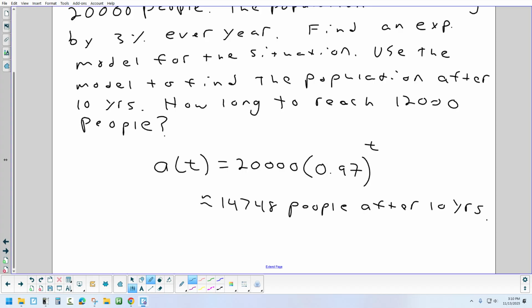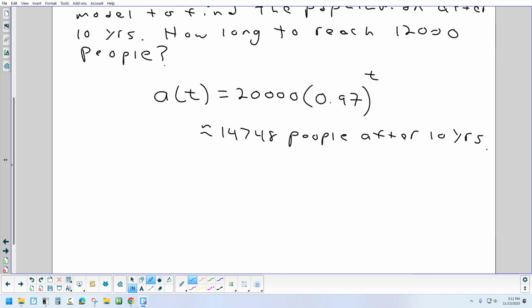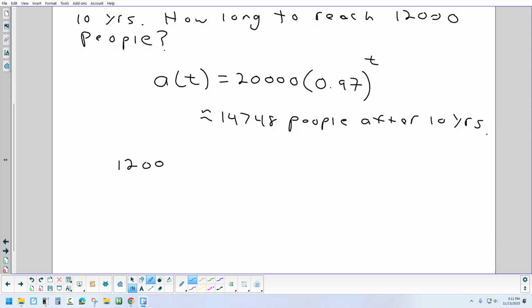Where's the 12,000 going to get plugged in? For A of t, yeah, it's an amount of people. So we're going to fill that in on the other side, which means your variable is in the exponent. So we have to start thinking how we're going to deal with that. So 12,000 people equals 20,000 times 0.97 to the t.